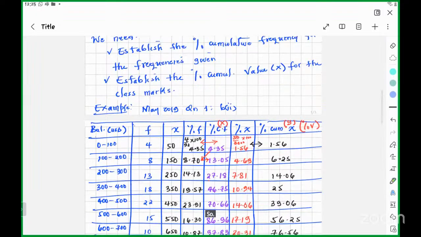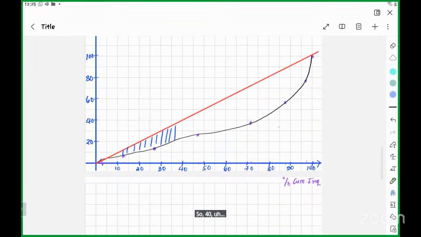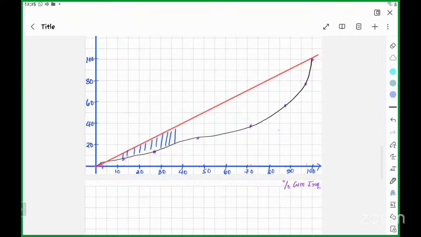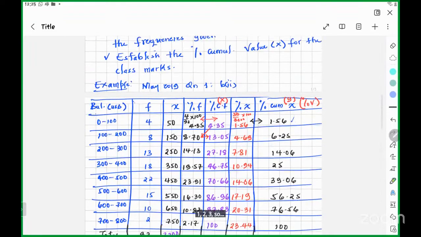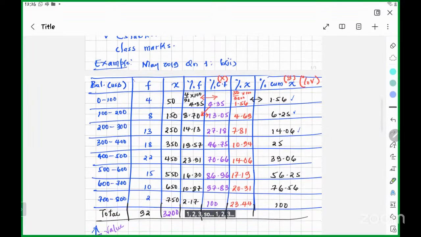So 40, 1, 2, 3, right here. These points are closer. And the discrepancy is less between balances from 0 to 200.